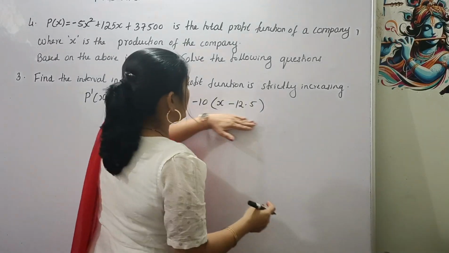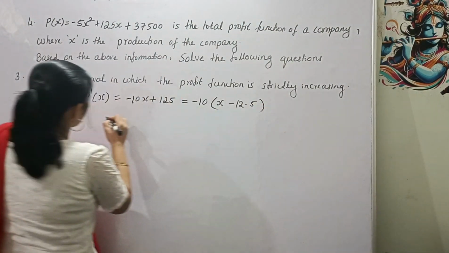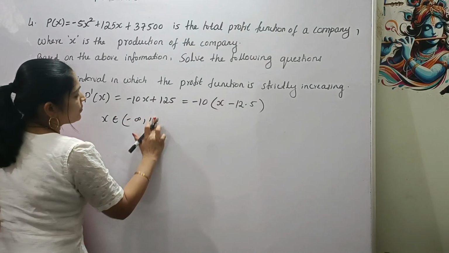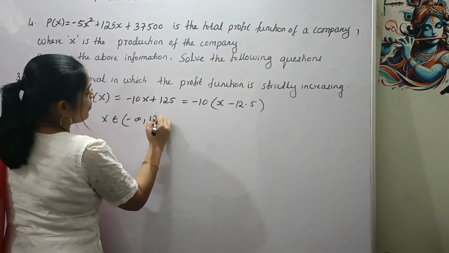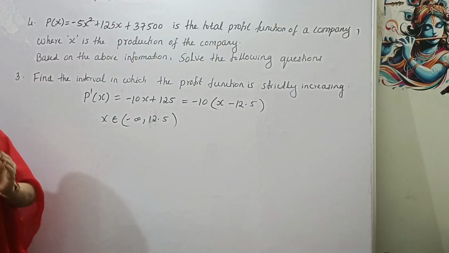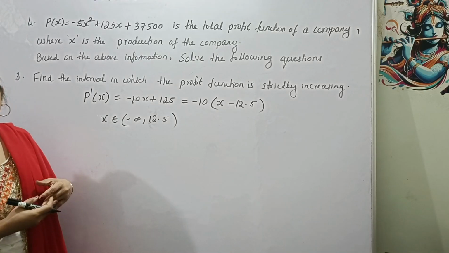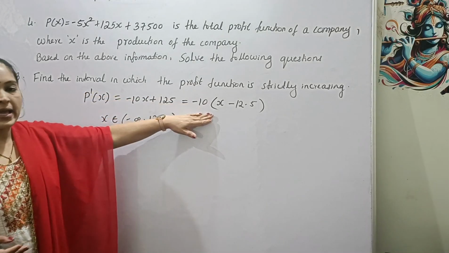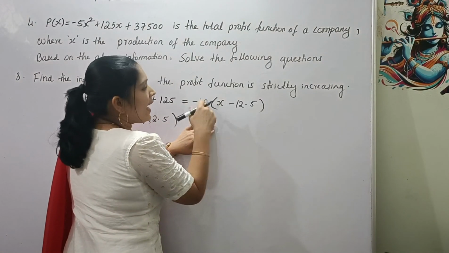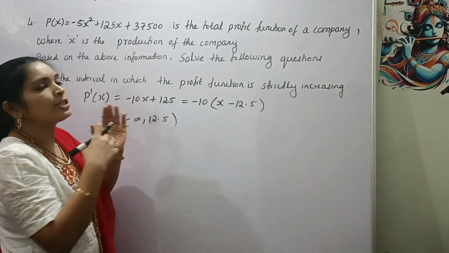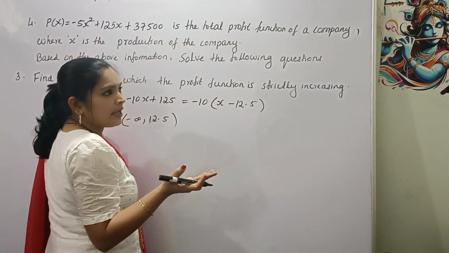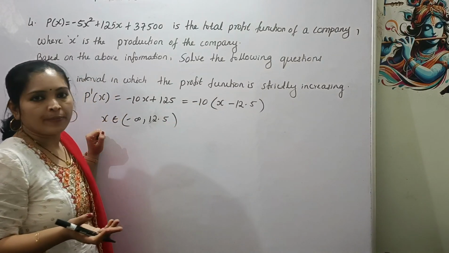Okay, so here, when x belongs to minus infinity to 12.5, that means the values of x less than 12.5, is P dash of x less than 0 or greater than 0? Let's check. Let's take any value, when x is equal to 10.